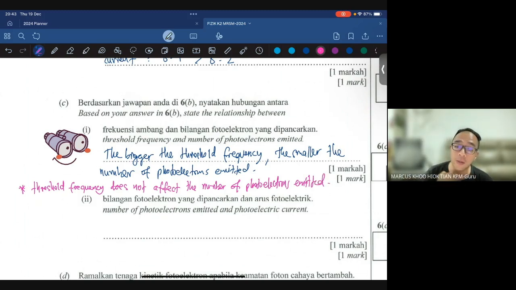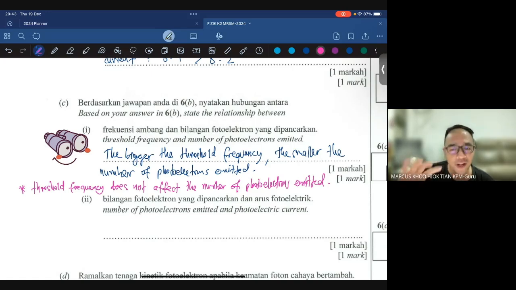The number of photoelectrons that you emit is not actually dependent on the threshold frequency. Threshold frequency determines whether the photoelectrons will be emitted or not. That's it. Whether they will be released or not. What determines the number of photoelectrons is the intensity of light. That is what actually determines the number of electrons released.